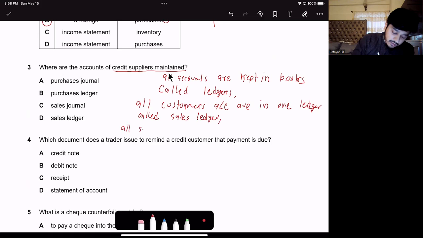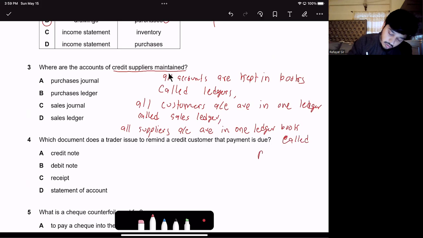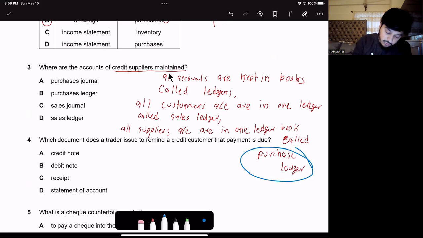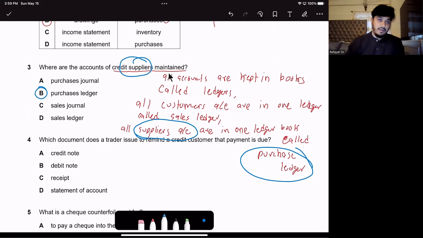All suppliers' accounts are in another, a separate ledger book called the purchase ledger, or the new name is trade payable ledger. So they're talking about suppliers. So it's going to be purchase ledger, 3B.